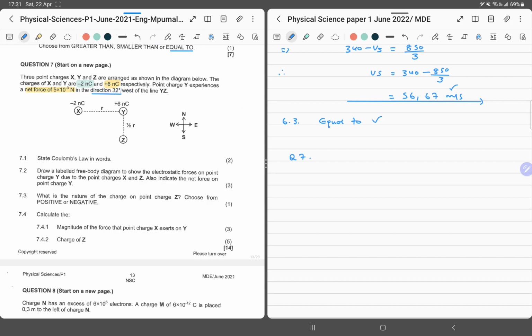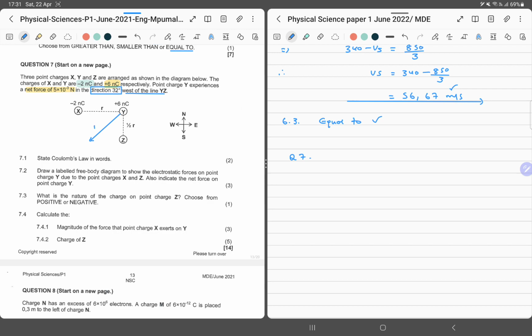So again, this is critical stuff that we need to not mess up. West of the line. Remember, that direction is very important. We're dealing with vectors here. West of the line YZ. So if we're doing that, we're trying to suggest that the resultant force is in this direction.